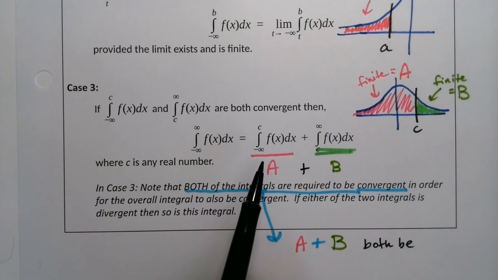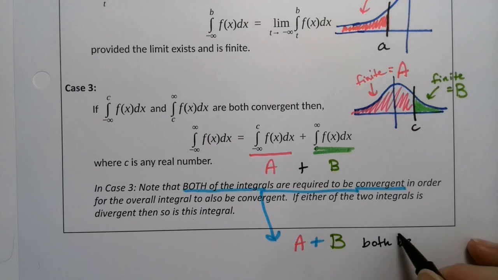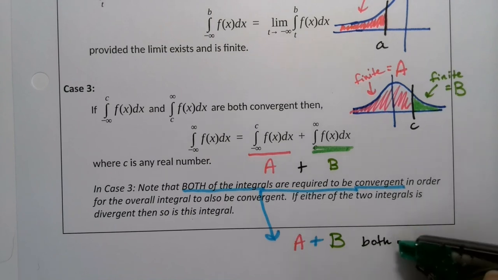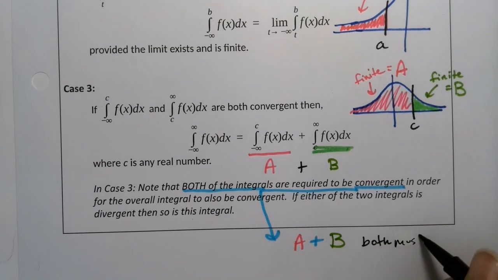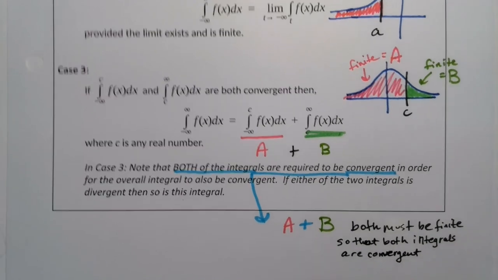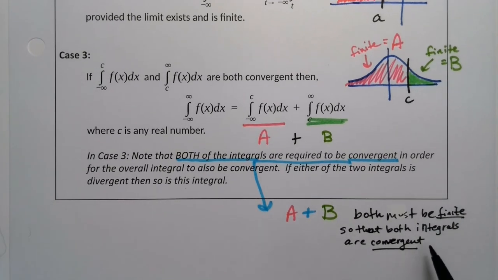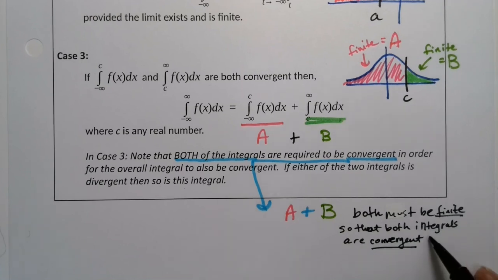Let me put it this way. This one has to be convergent, and this one has to be convergent in order for the overall thing to be convergent. So both must be finite so that the integrals are convergent, so that the overall integral is convergent. You have to have finite numbers for both the left half and the right half, so that each integral is convergent, and therefore the overall integral is convergent.